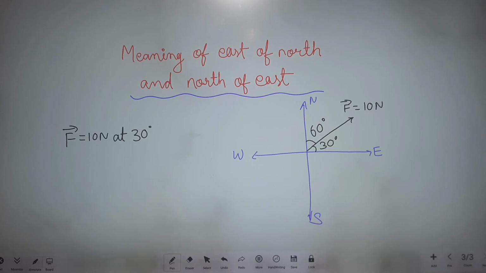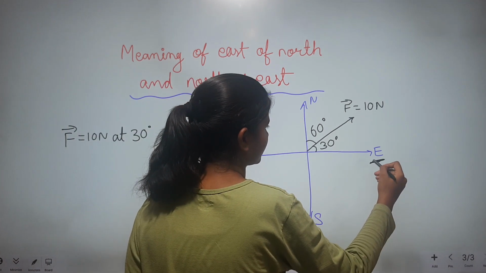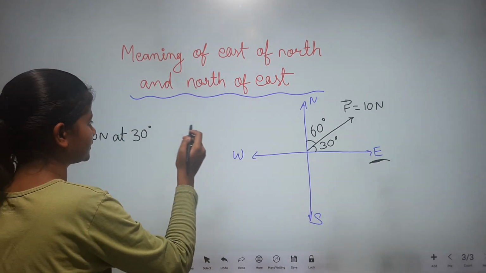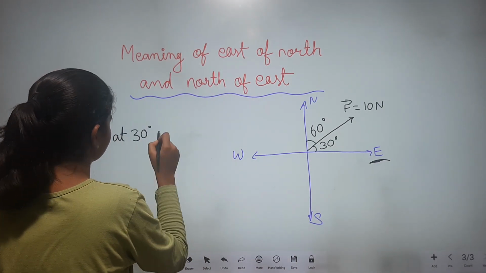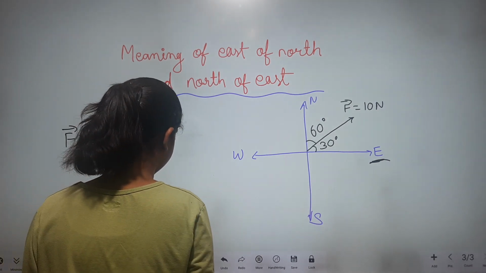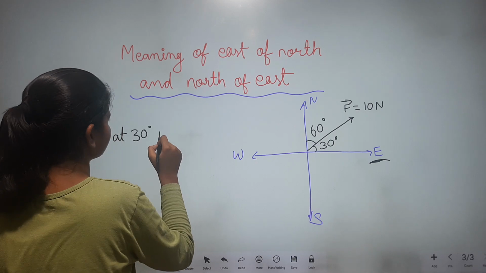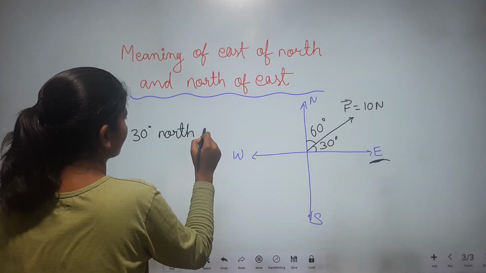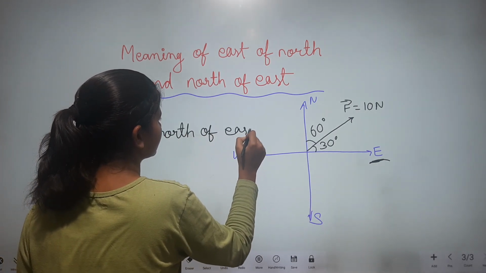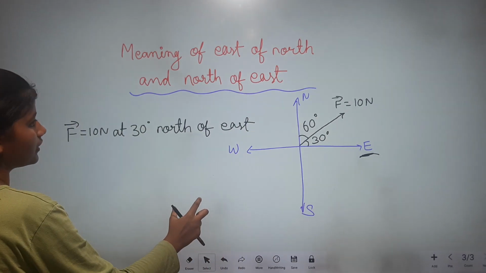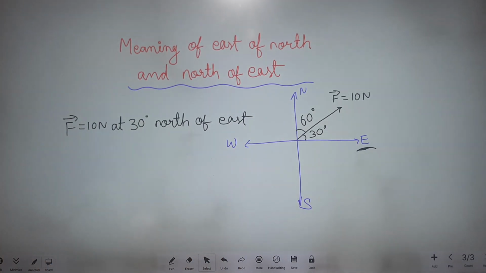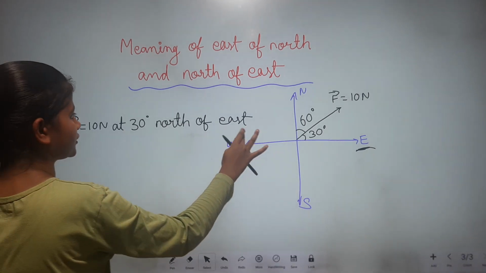Here we can see that 30 degree is formed with east, so that's why at 30 degree we can write north of east. The one with which the angle is formed is written last.